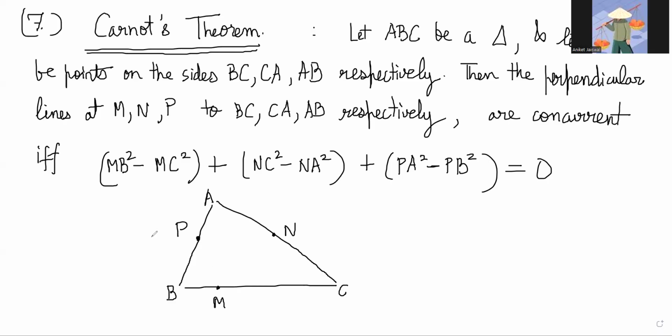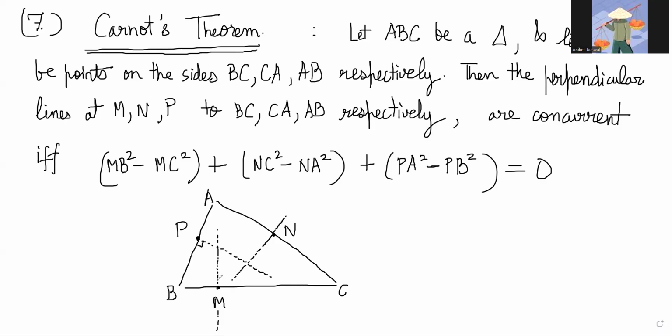The theorem is saying that we'll draw perpendiculars at these points, right? Notice that right now they are not concurrent. The three perpendiculars are not intersecting at one point, right?